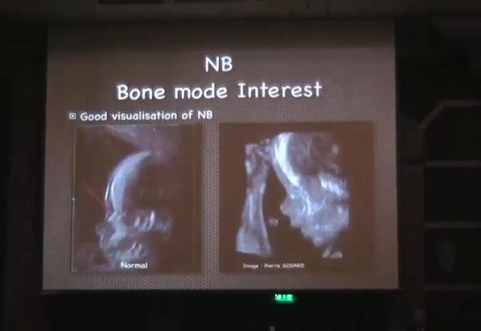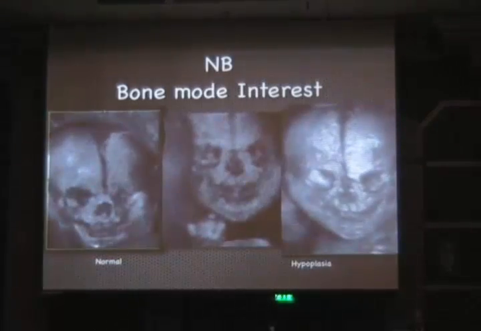So here you see there is no ossification, and you can use, as I showed you, the nasal bone in the 3D X-ray. You see this is normal. You can see the nasal bone here, and here there is no nasal bone. There is no bridge between the two sides of the midline.